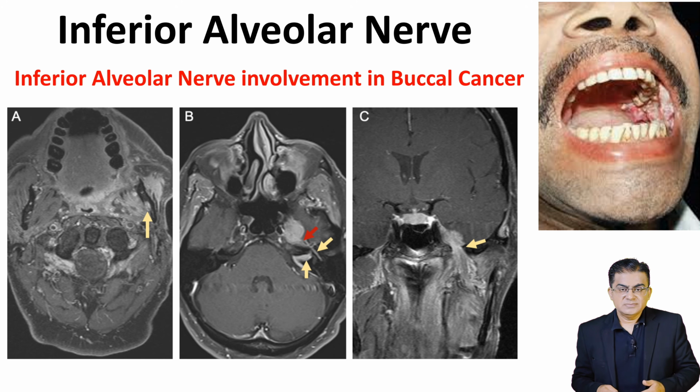Think about this for a second. If you had only relied on physical examination of the cheek, or if you had just ordered a standard CT scan, you would have completely missed this massive perineural spread. You would have taken this patient to the OT, you would have been very happy performing a fantastic surgery, only to have the margins come back positive on the final histopathology report.